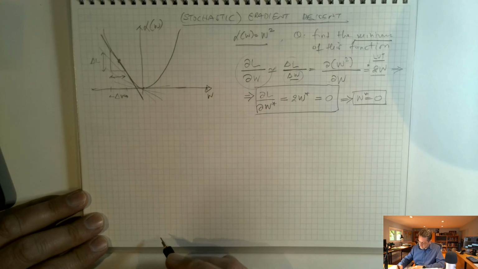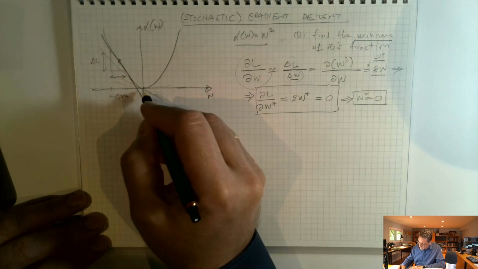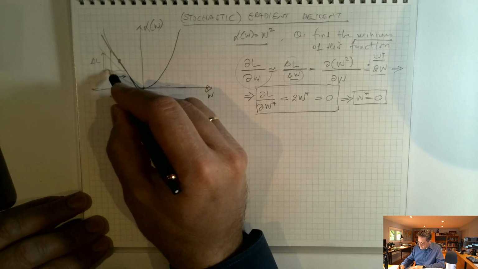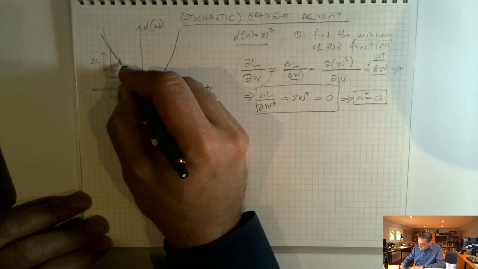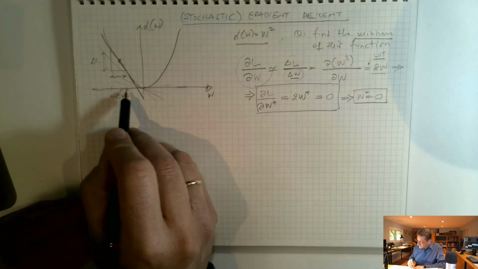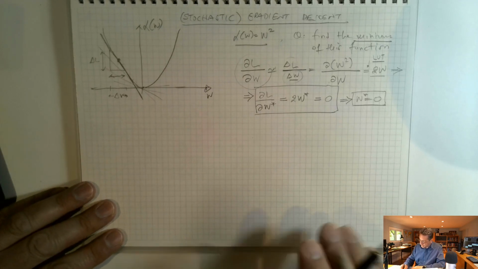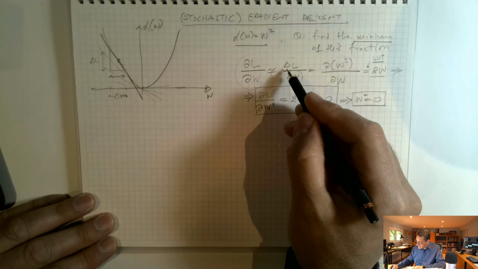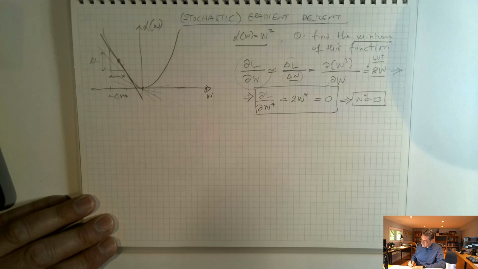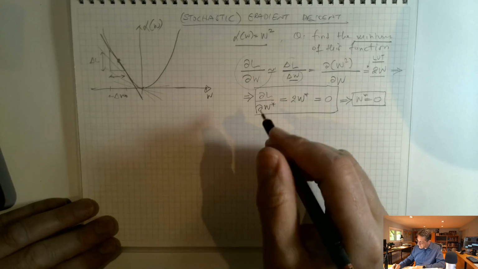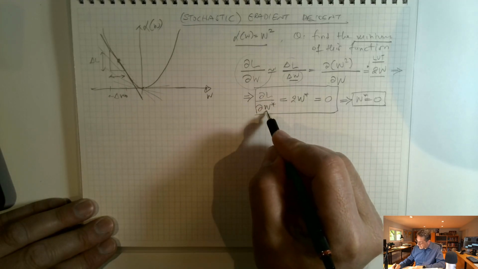And if you notice, as we approach this global minimum in this function, you can imagine the tangent moving towards the global minimum location, and the slope of that tangent becomes zero. Given that this is the slope of that tangent line, we are going to set the partial derivative of L with respect to W star equal to 0.